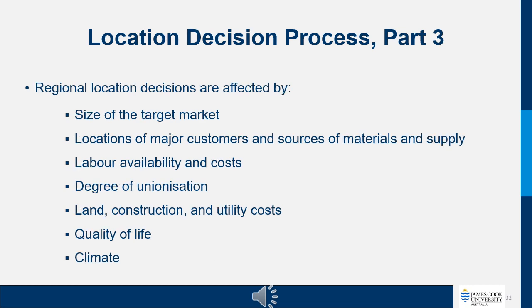When we're looking into regional location, the decisions are affected by size of the target market, location of major customers and sources of material and supply, labor availability and cost, degree of unionization, land, construction and utility costs, quality of life, climate.